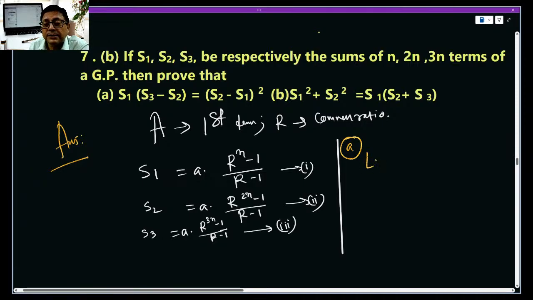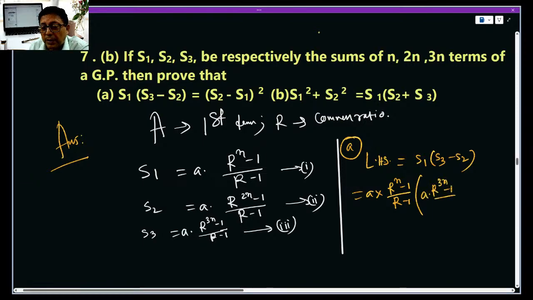LHS is S1 into S3 minus S2. What is S1? A into R to the power n by R minus 1, and S3 minus S2 you can see. S2 will be what?